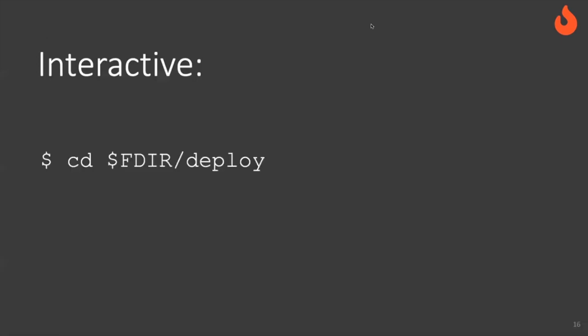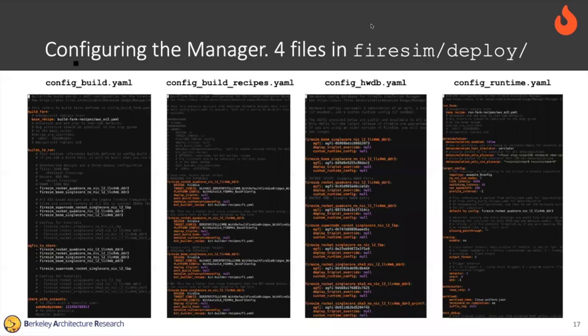So let's go ahead and go into deploy and look around at deploy, and we're going to start looking at some of the configuration files for this FireSim command line. So what you should see is that when you ls inside of the firesim/deploy directory, you should see 4 files that exist: config build recipes, HWDB, and config runtime.yaml.